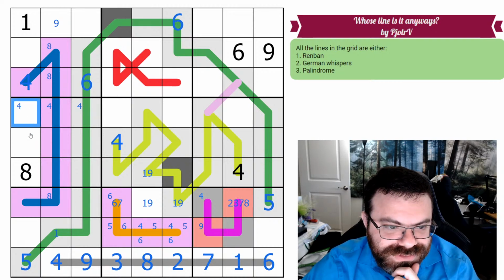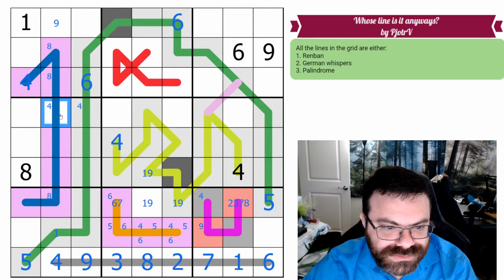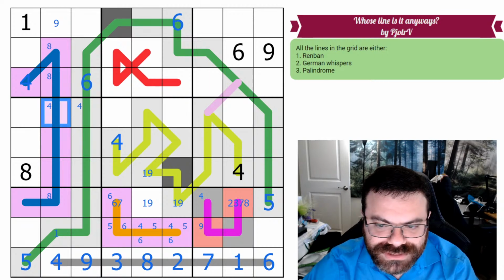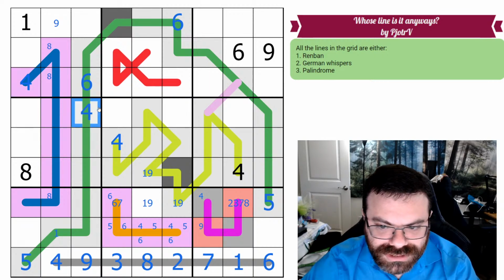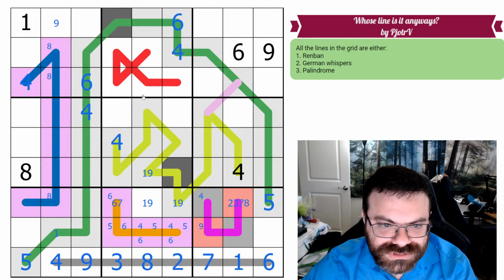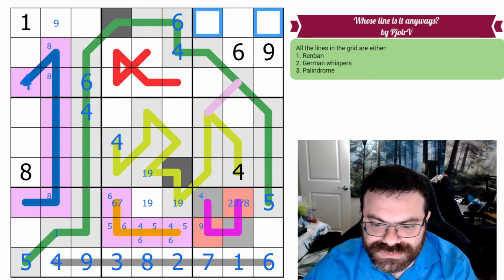Very hard to read this 4, but there's a 4 there. This is not 4. This is not. This can't be 4 either because it's on the same Renban line, so that's a 4. That goes here. There's a 4 in one of these two.